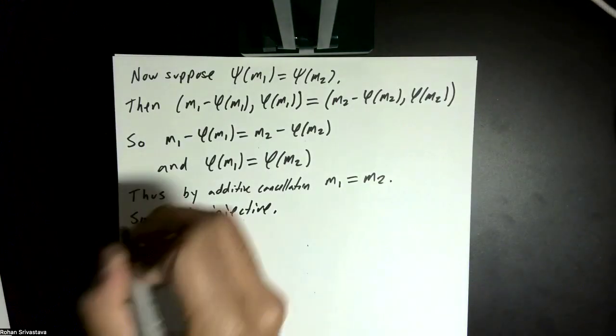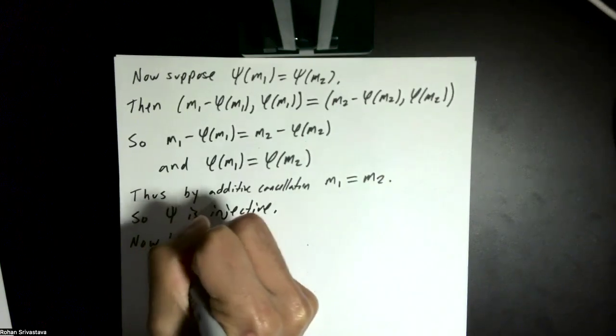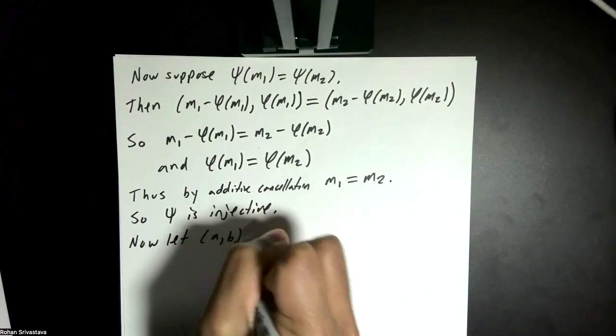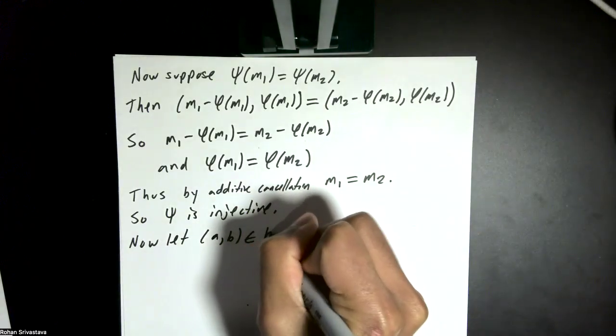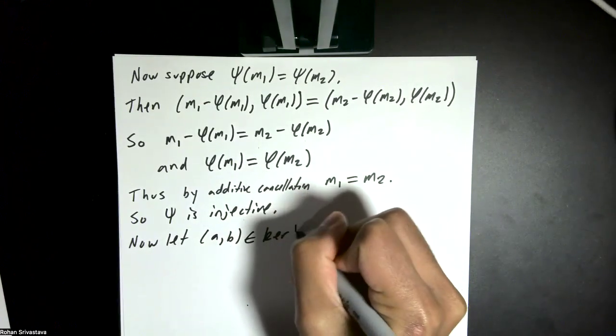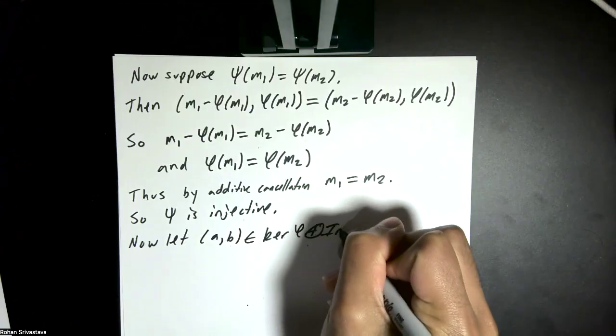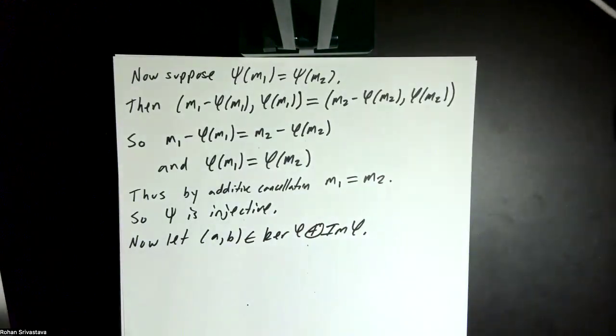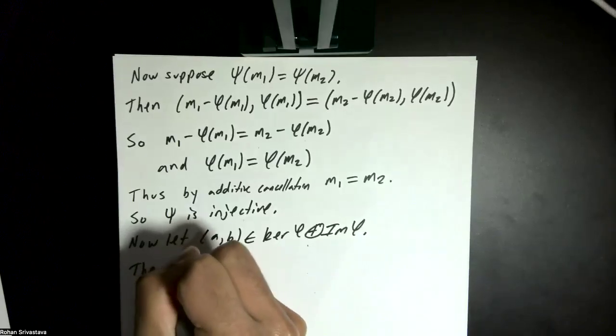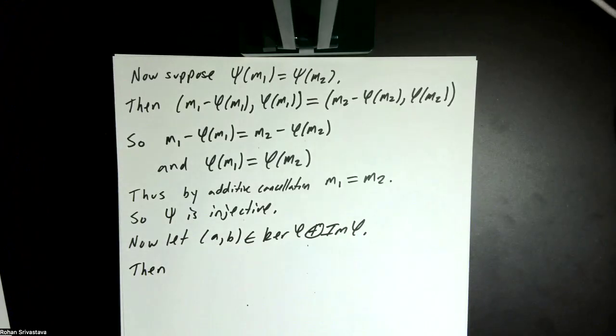All right, let's do surjective. Now let AB be an element of the direct sum, kernel of phi direct sum image of phi. Okay, so we need an element that maps to AB. Well, what do we know about AB?